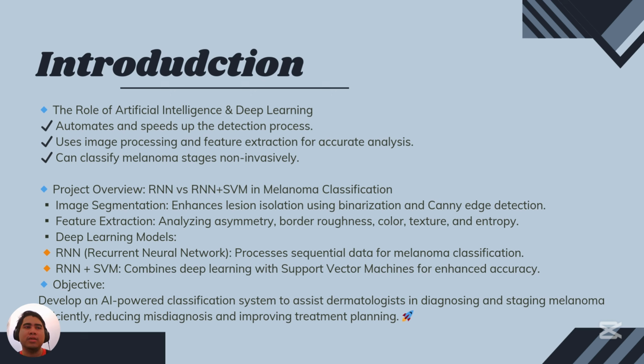And RNN plus SVM combines deep learning with support vector machines for enhanced accuracy. The objective is to develop an AI-powered classification system to assist dermatologists in diagnosing and staging melanoma swiftly, reducing misdiagnosis and improving treatment planning.